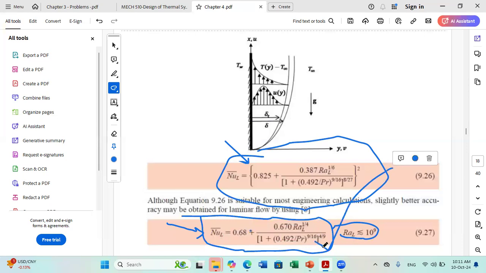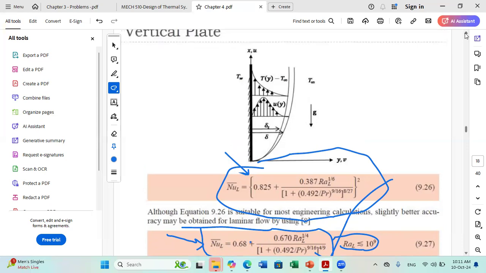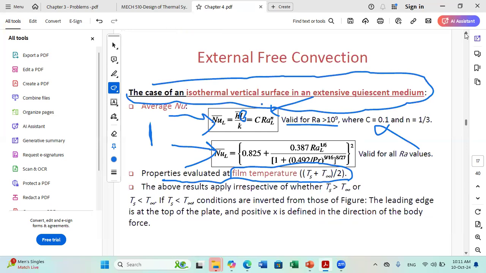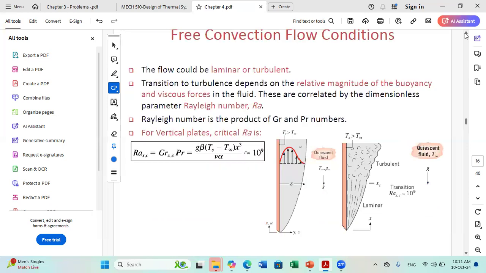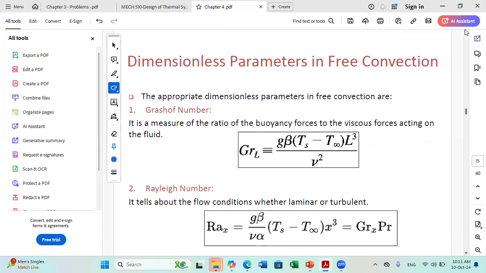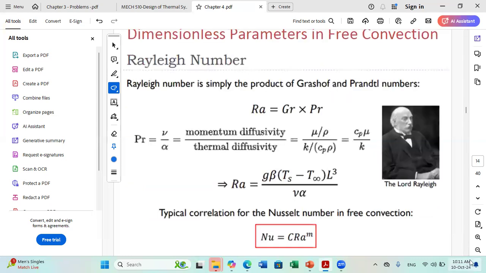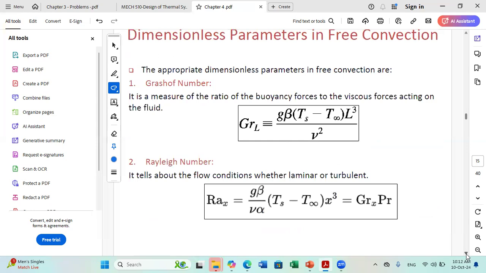So for this relation, the condition is satisfied and it's more specific. I can use it, okay? Now, in this formula, the characteristic length L, how do I know it? I go back to the previous slide. They tell me that whenever you have a vertical surface, take the height as characteristic length.